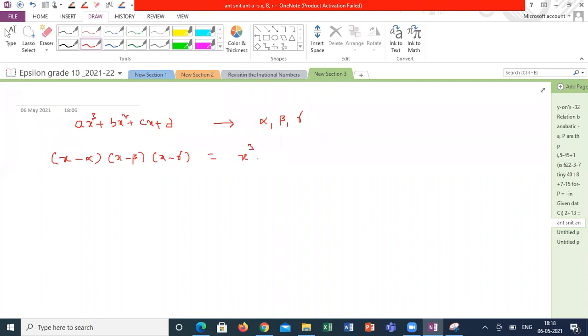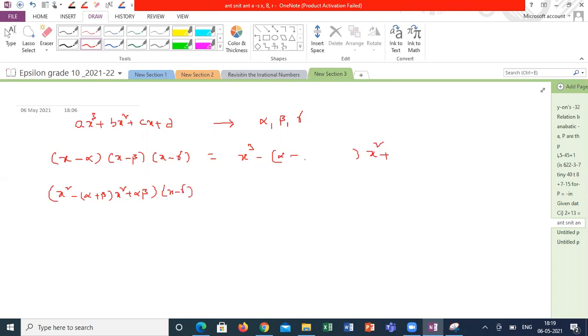X cube minus alpha beta plus beta gamma plus gamma alpha into x square plus alpha, sorry guys. x cube, this will become x square minus alpha plus beta into x plus alpha beta into x minus gamma.